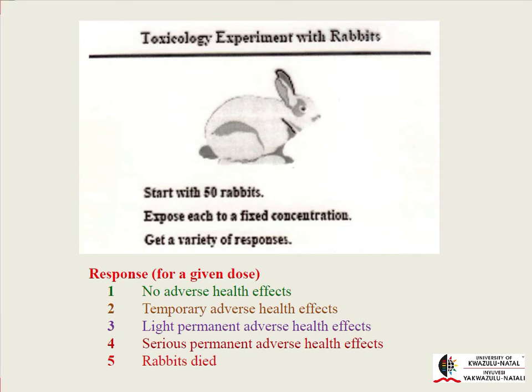In terms of the choice of animals, typically mice, rats or guinea pigs are used for most studies. Rabbits are typically used to look at adverse effects on vision, so ocular hazards. And fish are again for aquatic toxicity.